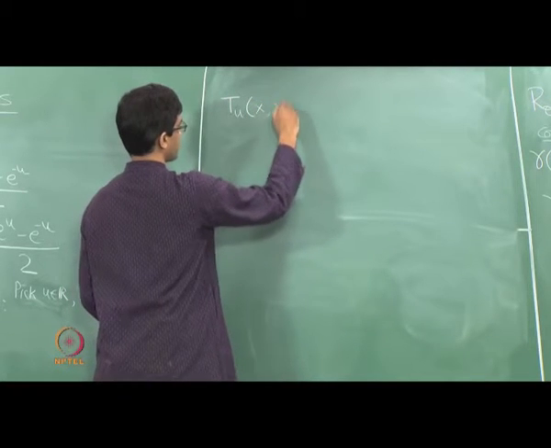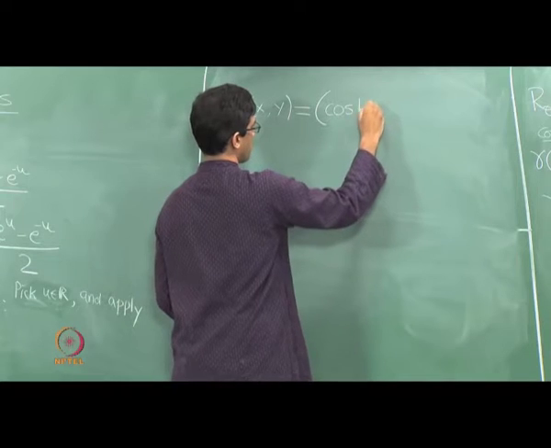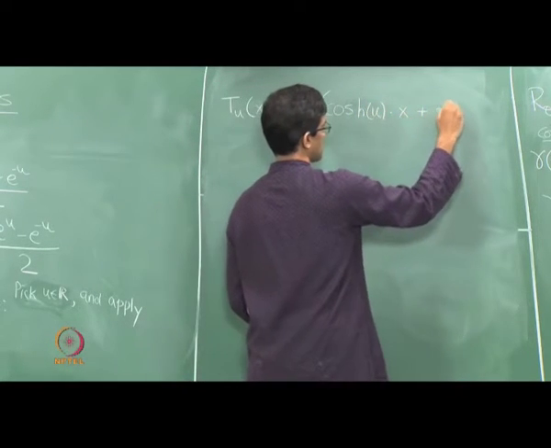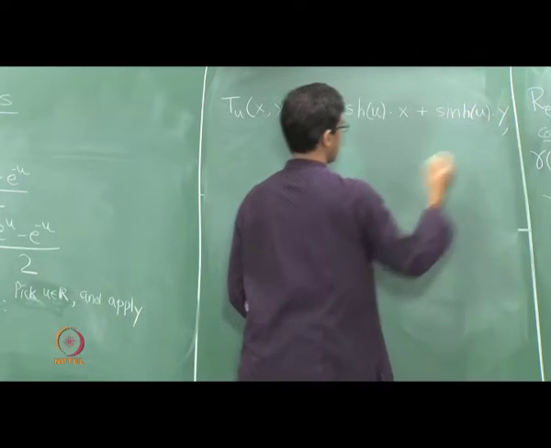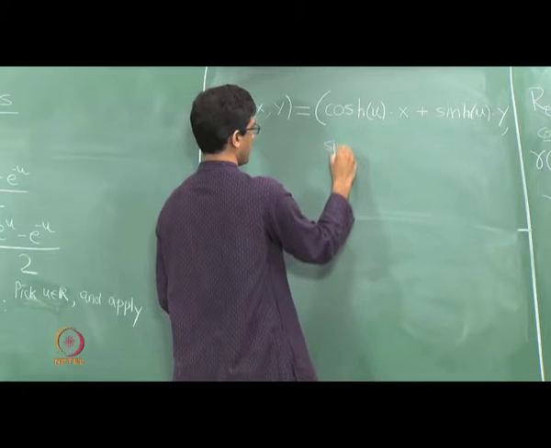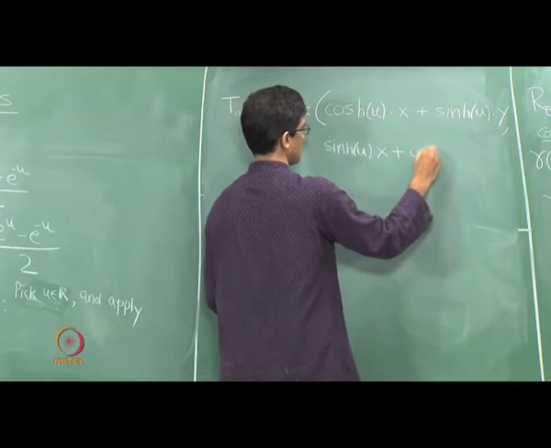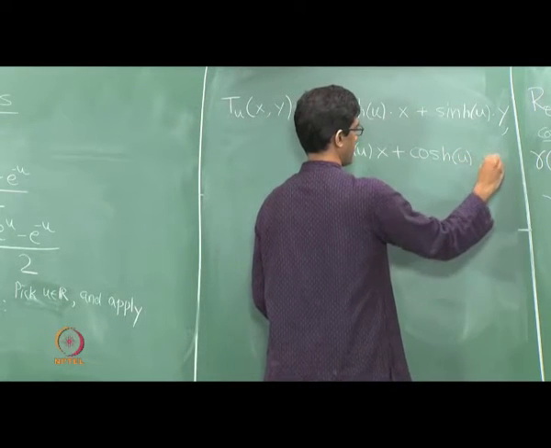It takes the point (x, y) to the following point: cosine hyperbolic u times x plus sine hyperbolic u times y, comma, sine hyperbolic u times x plus cosine hyperbolic u times y.